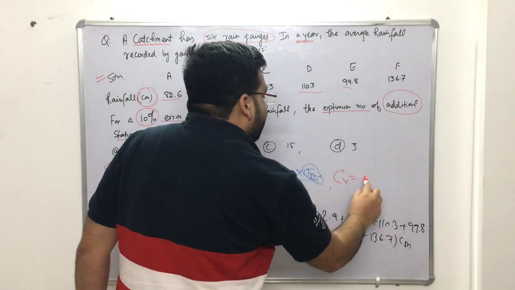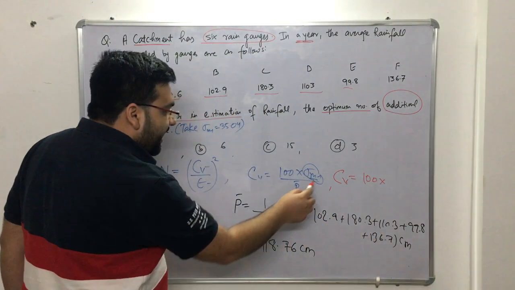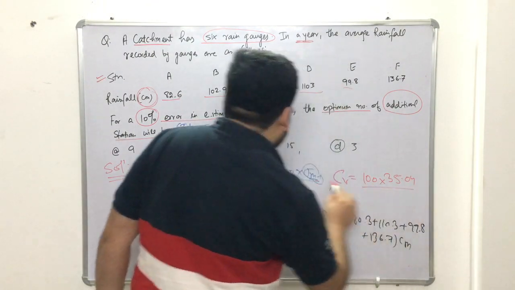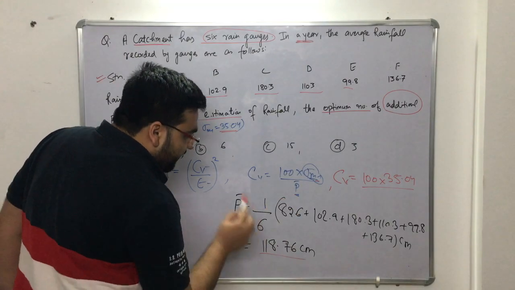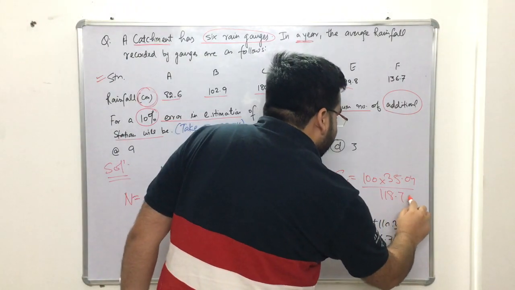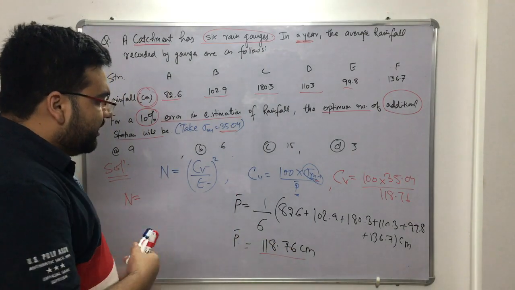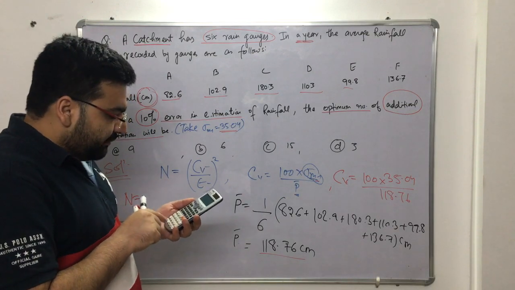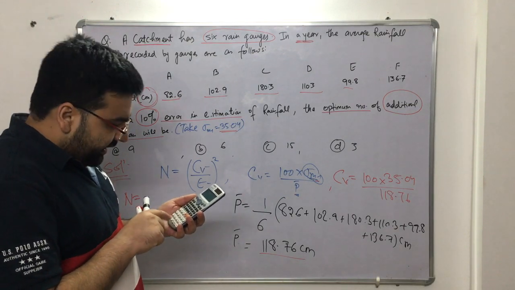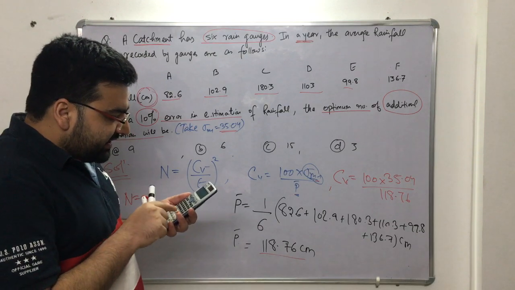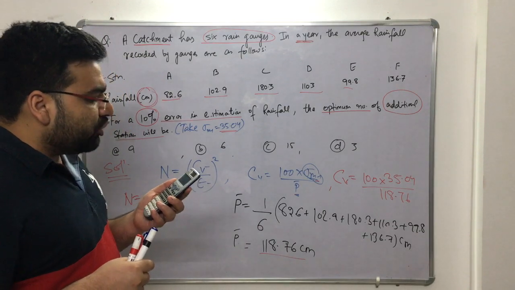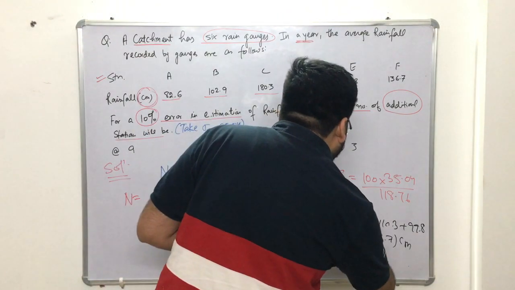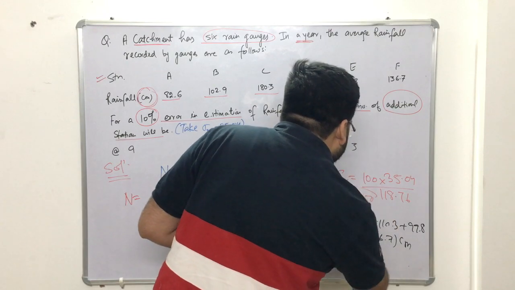CV will be equal to 100 into sigma m minus 1, that is 35.04, divided by p bar, 118.76. Let me calculate it: 100 into 35.04 divided by 118.76. The coefficient of variation comes out to be 29.50.